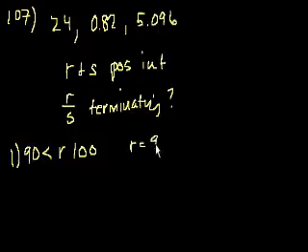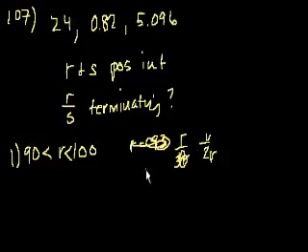Actually, I don't have to pick an r. Whatever r is, I can just pick s to be 3 times r, and I'm not going to get a terminating decimal. On the other hand, if I pick s to be 2 times r, then I'm going to have a terminating decimal. So statement 1 by itself isn't going to help me.